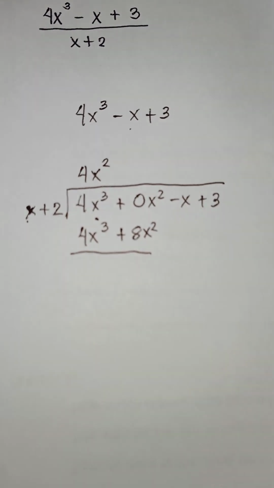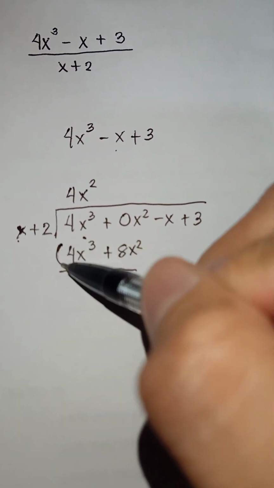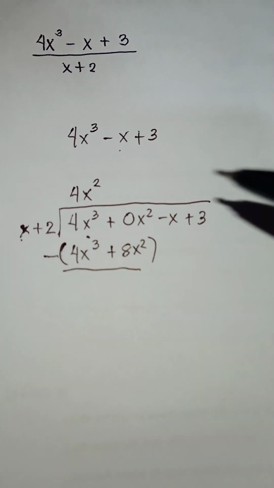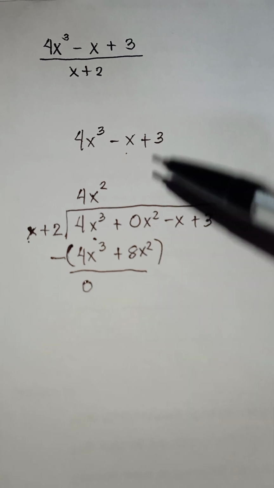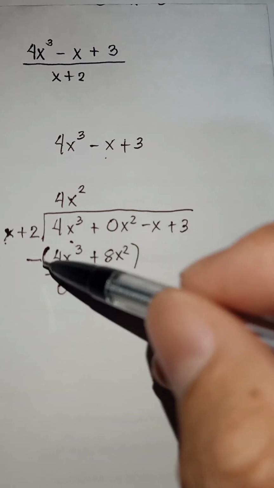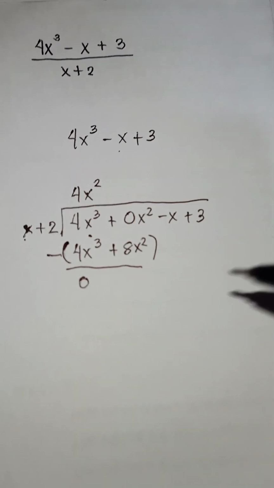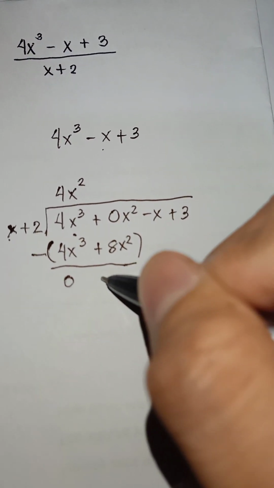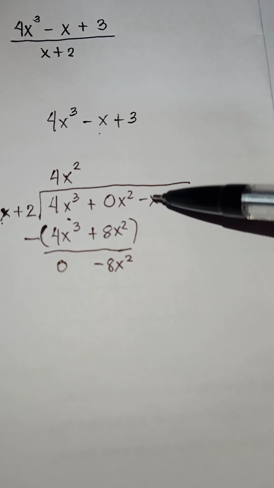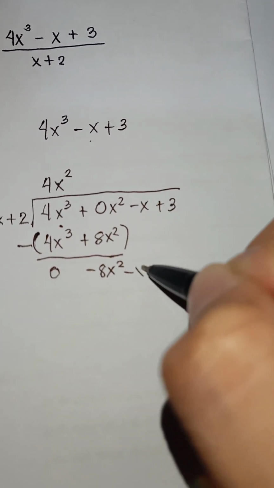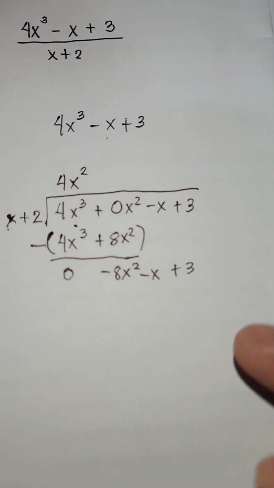Then we subtract this whole thing. 4x cubed minus 4x cubed will be 0. 0x squared minus 8x squared gives us negative 8x squared. Then bring down negative x, and then plus 3.